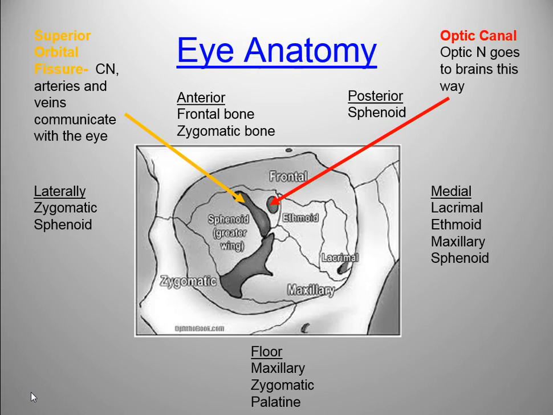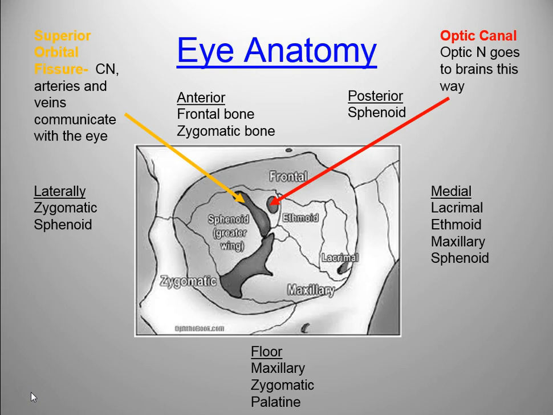Okay, remember that there's 8 different bones that make up the orbit of the eye. You have your superior orbital fissure, which allows your cranial nerves and arteries and veins to communicate with the eye. You have an optic canal, so your optic nerve can go from the brain to the eye.